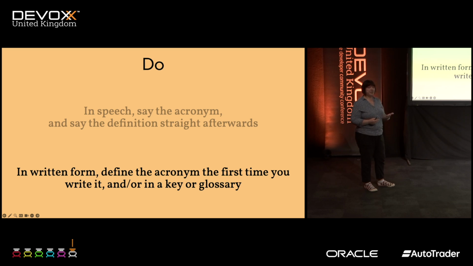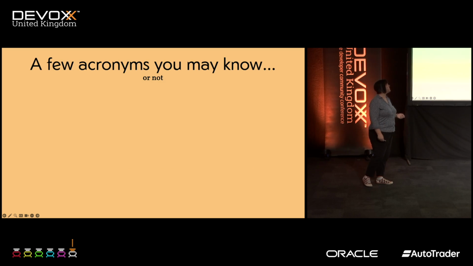Then if you're using it in a diagram, if you're using them to save space in your diagram because you can't fit the full thing in, put it in the key. That's another good use of your key. And then, of course, there's glossaries as well. If you're using documentation, you can put everything in a glossary, and that means everyone's on the same page.